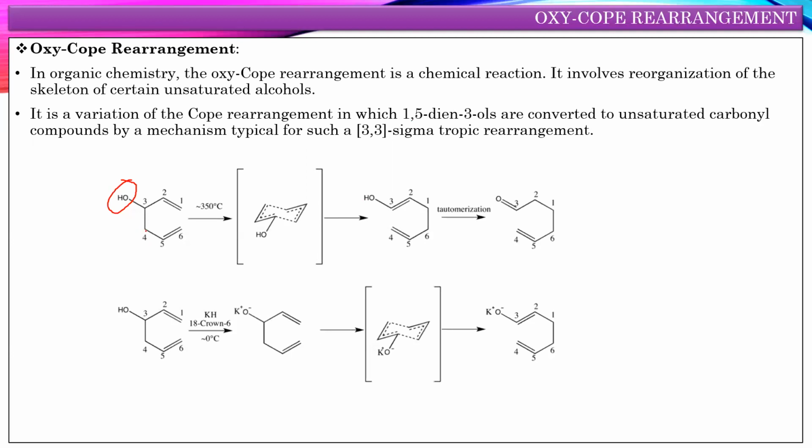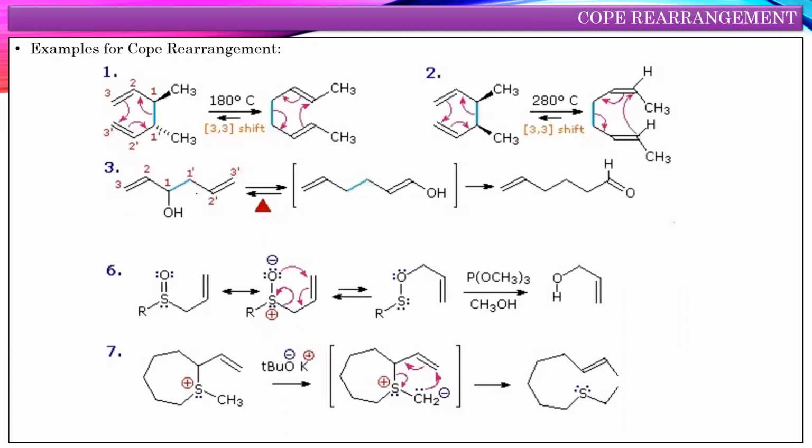Here, in the simple case, a sigma bond breaks, so we say it is Cope rearrangement. The pi electron migrates here, and as a vinyl alcohol rearranges to give ketones, that is already known from our plus 2 organic chemistry. This is called oxy-Cope rearrangement.